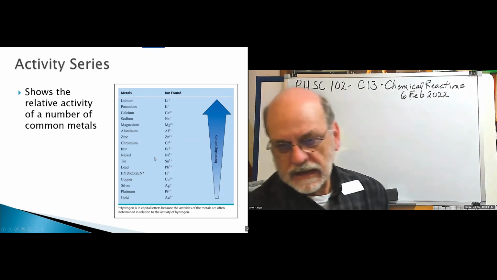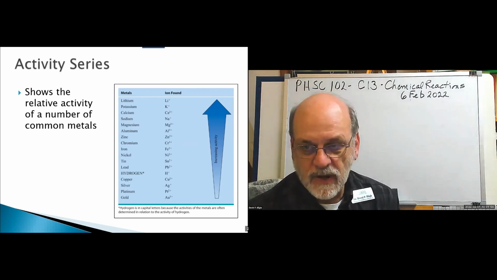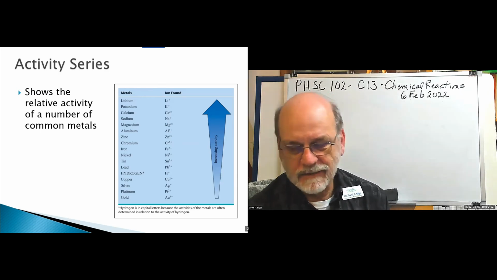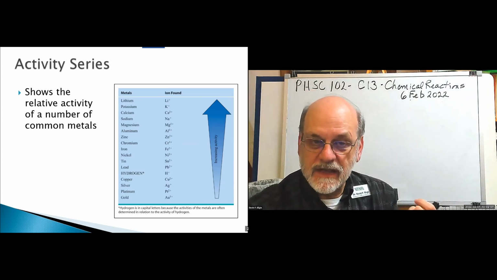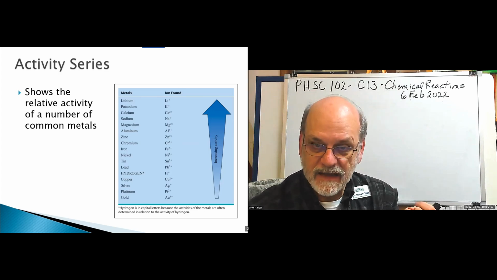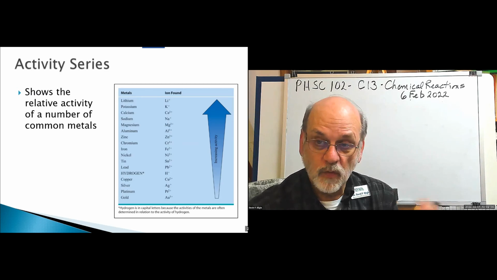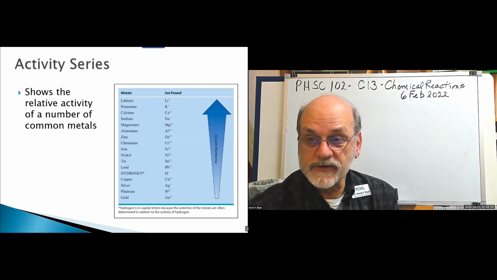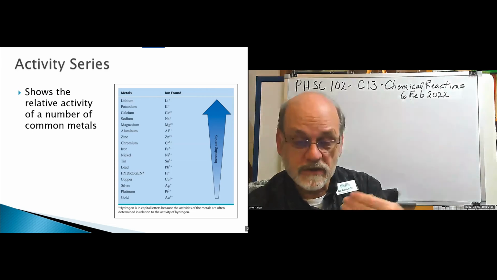Now, this activity series is based upon reduction potentials. I won't elaborate on it, but what it means is that we can quantify the activity of these metals relative to one another and actually produce electrochemical cells or batteries based upon that evidence and calculate the voltage of that cell.